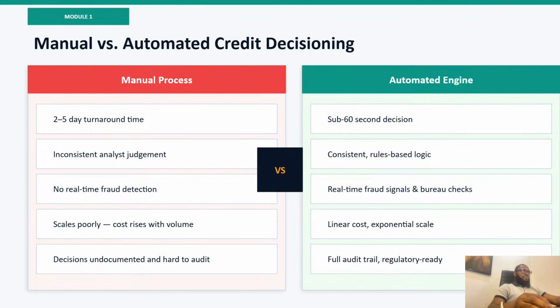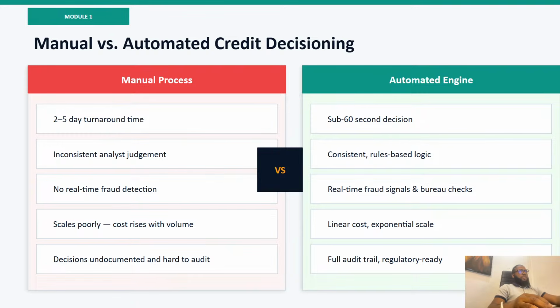And we also have, for loans that are manually reviewed, the fraud detection is actually not real time. It's based off when the reviewer is checking the documents and seeing that, oh, there are anomalies here and there. And it actually scales poorly. The manual decision bit.